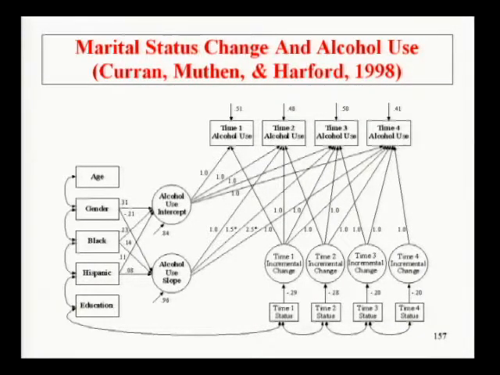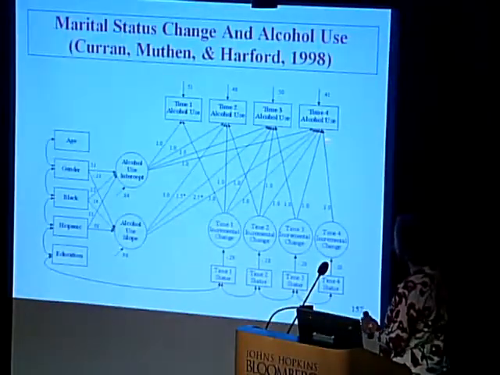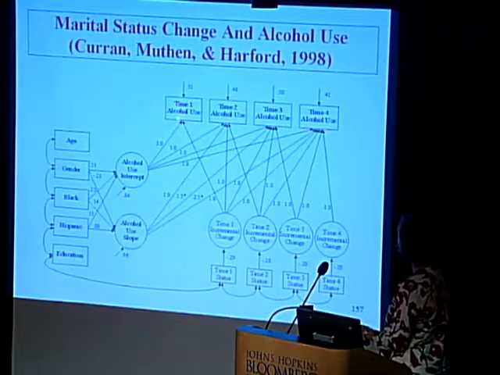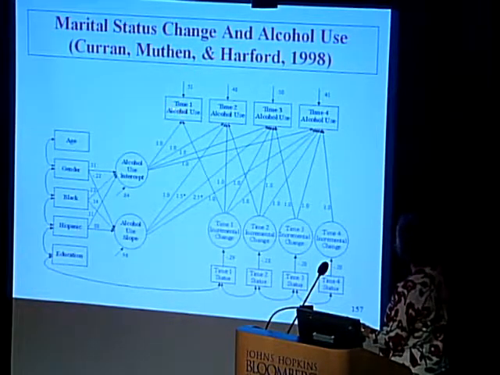So now it looks really complicated, but with everything you know so far about going from a picture to a diagram, you're going to recognize that this is just a growth model. So this part of the model is simply a growth model. We have our alcohol use at time 1, time 2, time 3, and time 4.